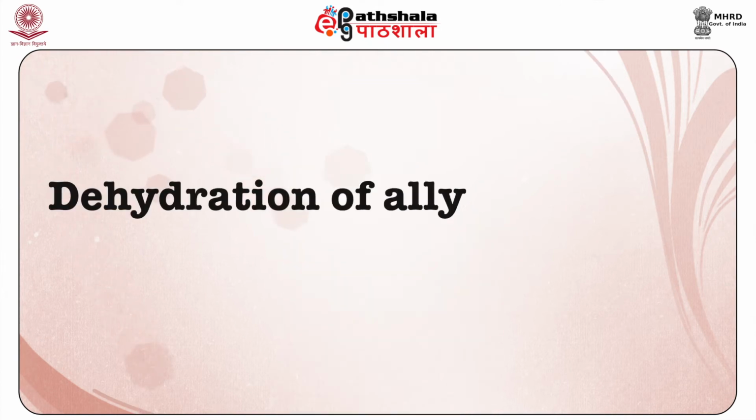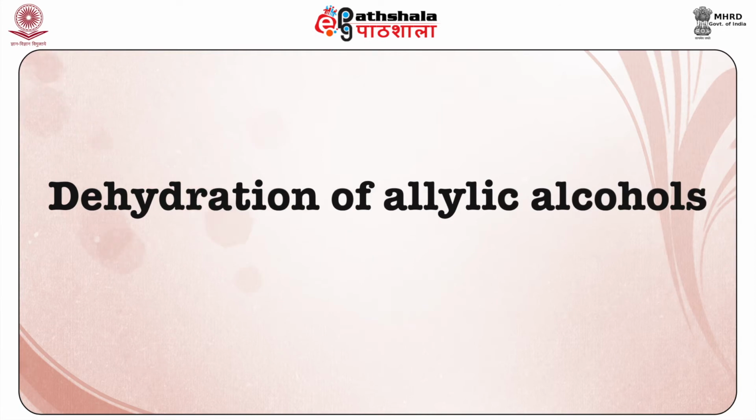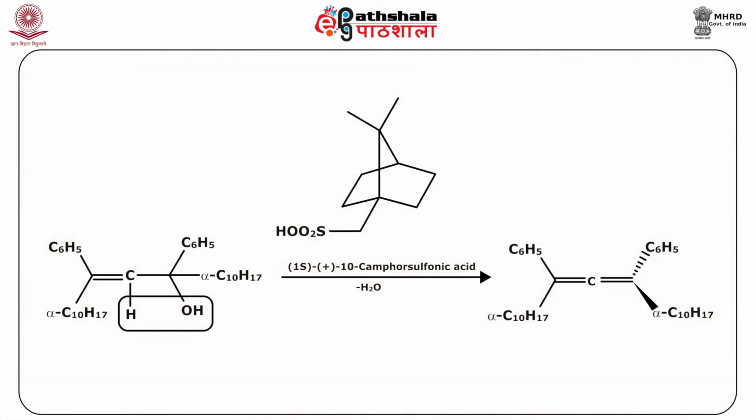First one would be, students, the dehydration of allylic alcohols. The first optically active allene was prepared by Maitland and Mills in 1935, 60 years after Van 't Hoff's prediction. 1,3-diphenyl-1,3-di-alpha-naphthyl-2-propen-1-ol was dehydrated with plus and minus camphor-10-sulfonic acid respectively.